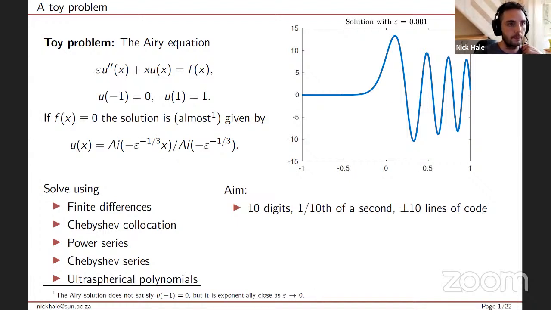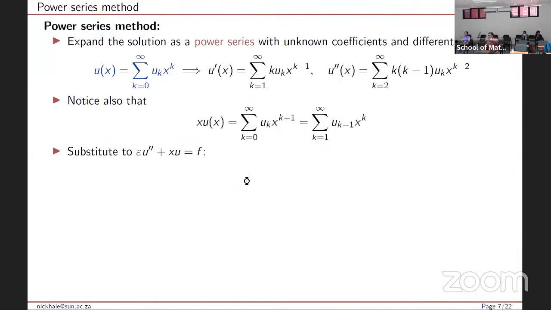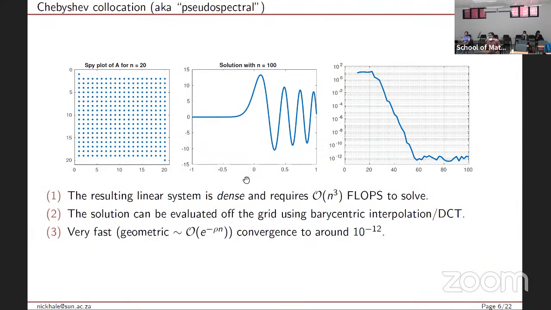If epsilon is very small, then your problem has a different asymptotic behavior as epsilon goes to 0. It's like a singular perturbation problem. So how does this spectral method take care of this behavior? Because asymptotically your solution is converging to something where the second derivative term actually disappears.